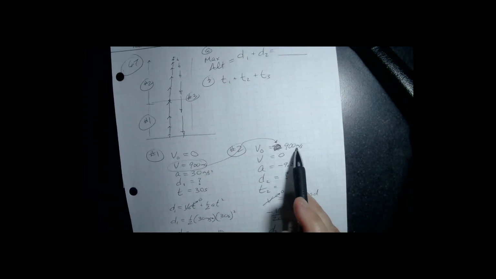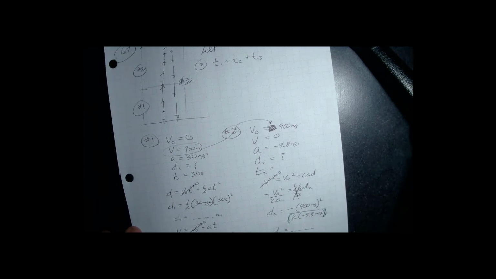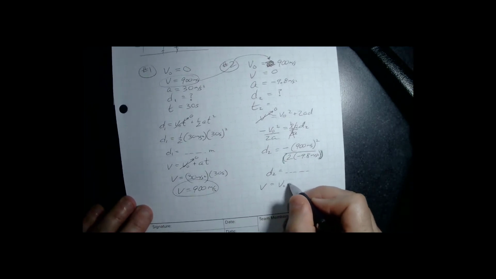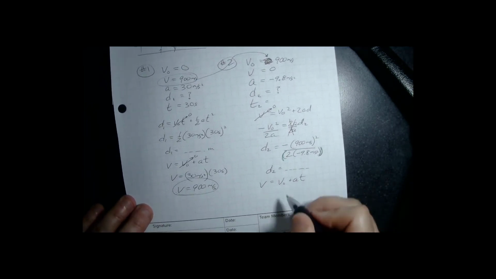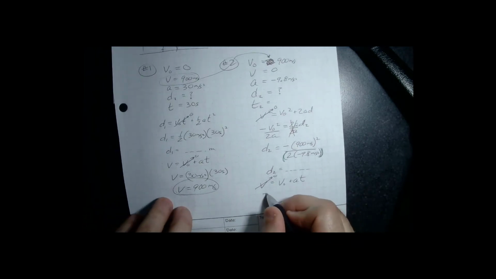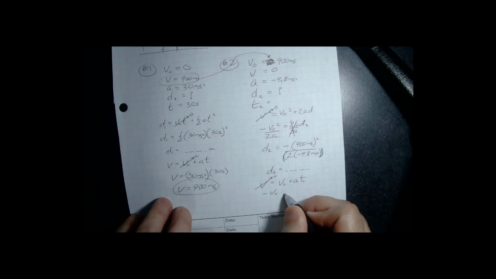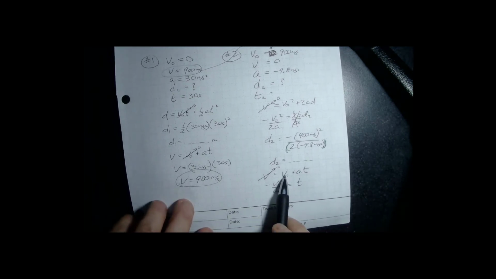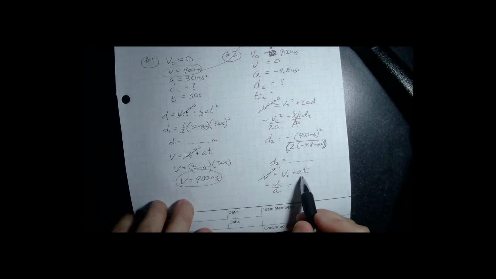So let's go get T2 here. And I'm going to go ahead and use this guy again. My final velocity is 0. I'm going to get negative V naught divided by A equals T. So subtract V naught first, then divide by A, because you got to undo the multiplying by dividing.